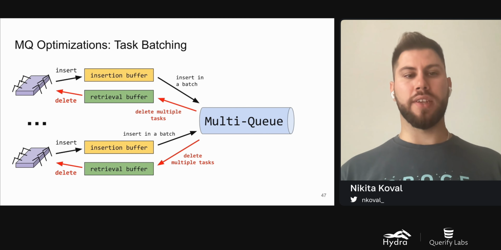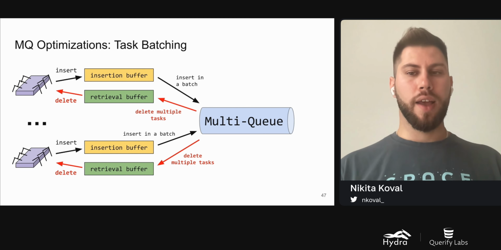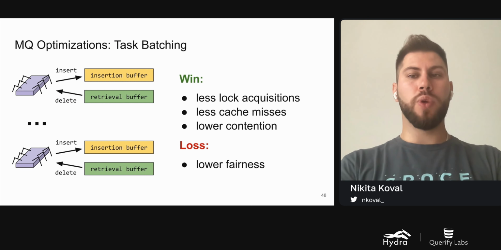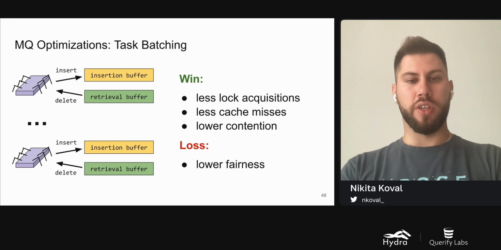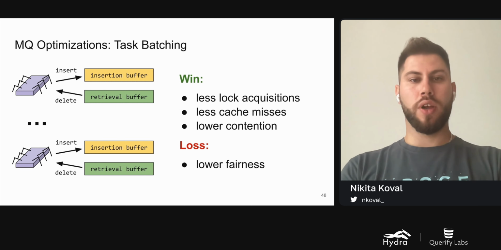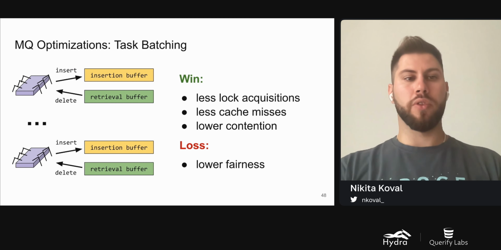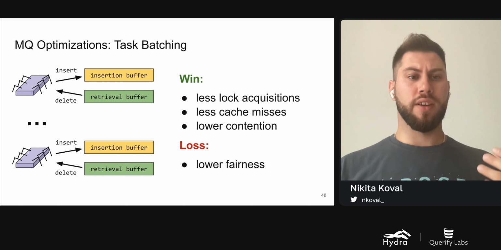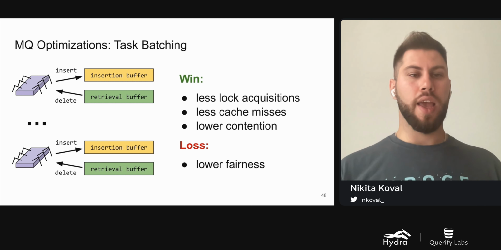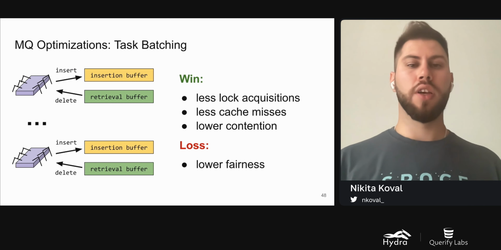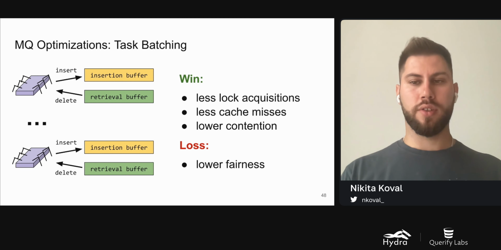After that, we process these tasks one by one in this thread. We win by performing far fewer lock acquisitions. We also have fewer cache misses because most of the time we work with thread-local buffers, and this optimization significantly reduces the contention on the multi-queue.